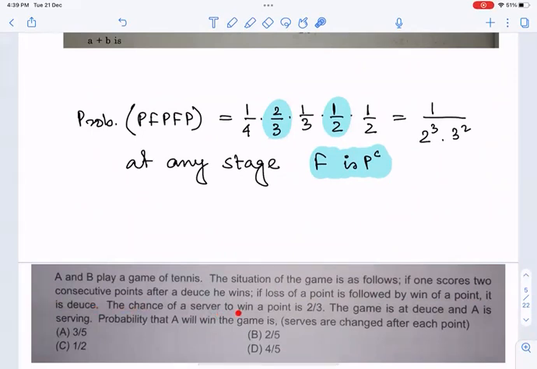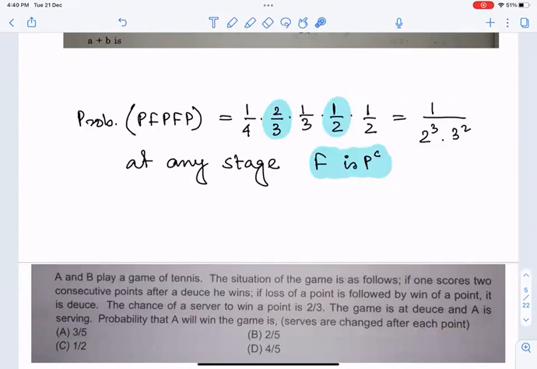The chance of a server to win a point on his or her own service is 2/3. The game is at deuce position and A is serving. We need to determine the probability that A wins this game, where it has been given that serves are changed after each point.